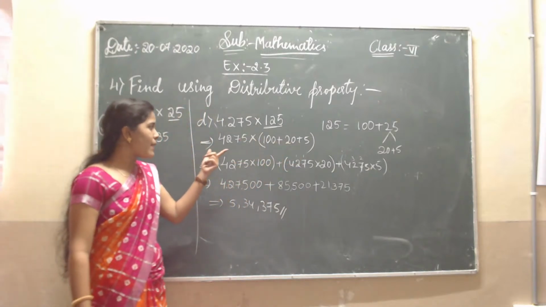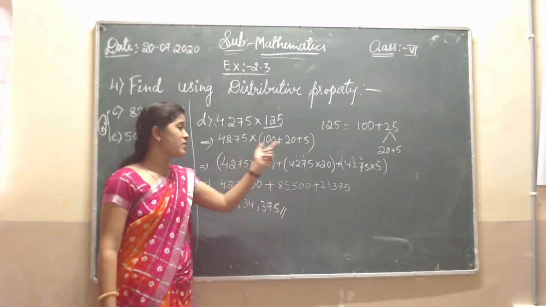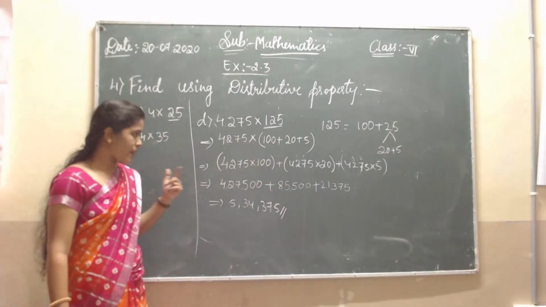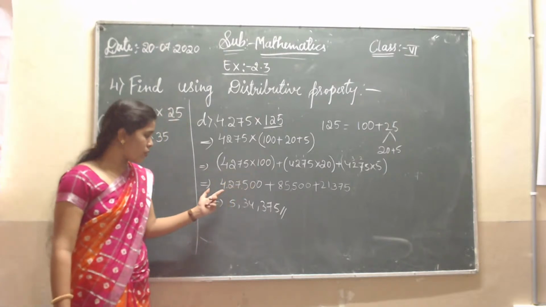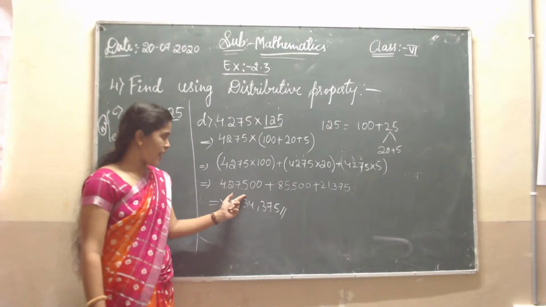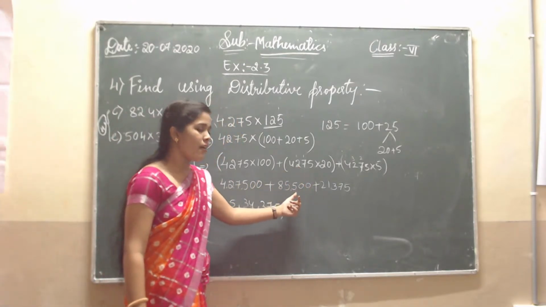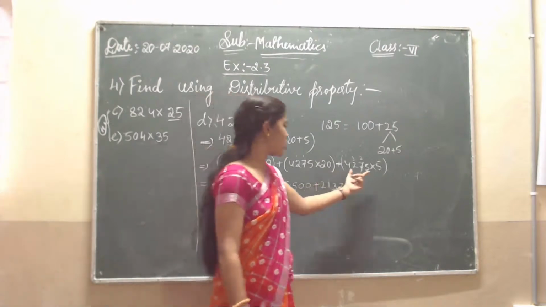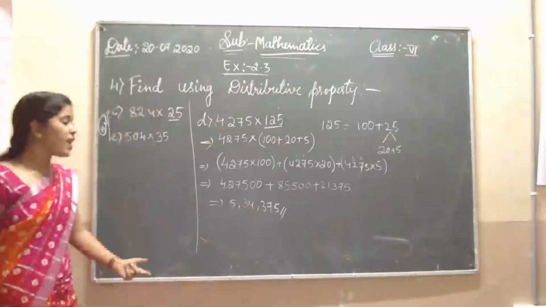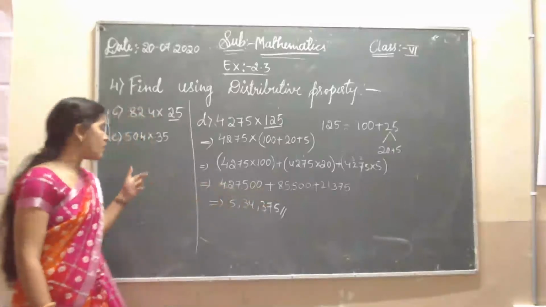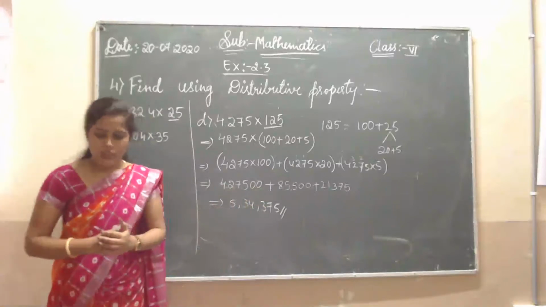Next, multiply first with first plus first with second plus first with third. 4,275 times 100 is 4,27,500. Multiply these two, you will get 85,500. Multiply these two, you will get 21,375. Now add these three numbers, you will get 5,34,375. Understood?